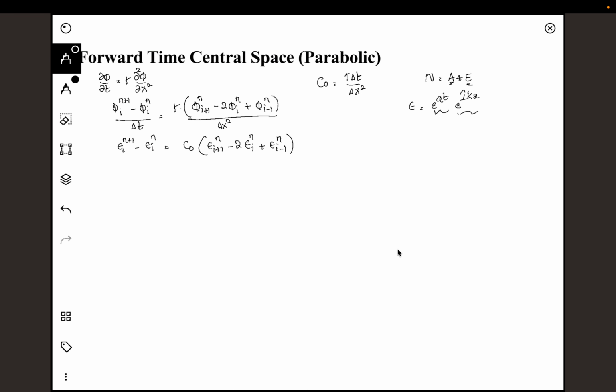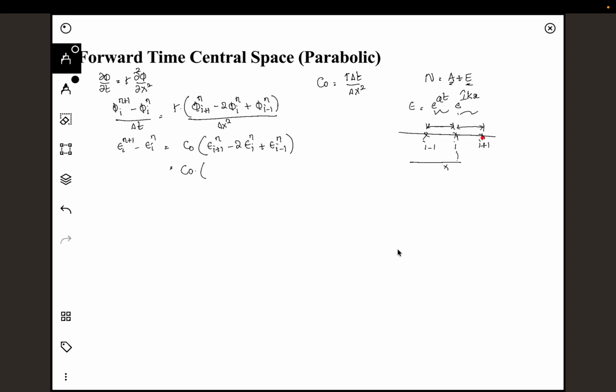Let's start with this. With this we have epsilon i plus 1 at x plus delta x, and the i minus 1 grid. So we have a grid like this: i minus 1, i and i plus 1. This is at a given location x. This is delta x, so again we are assuming here a uniform grid.